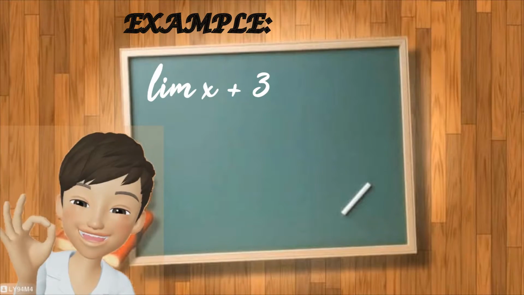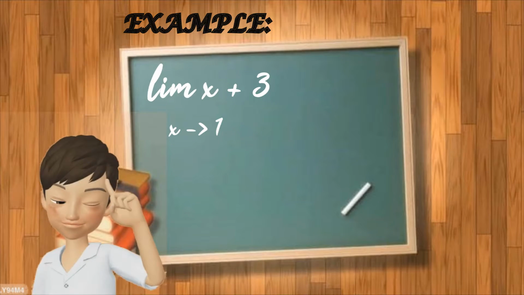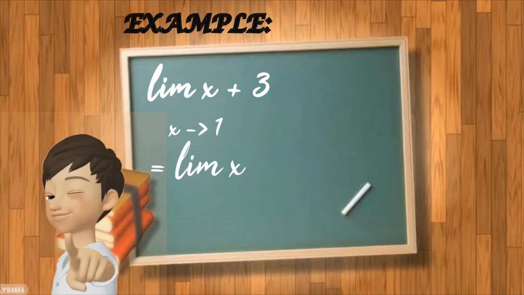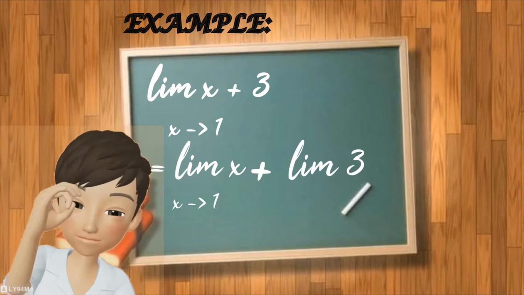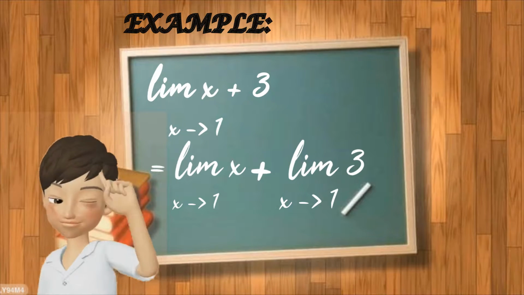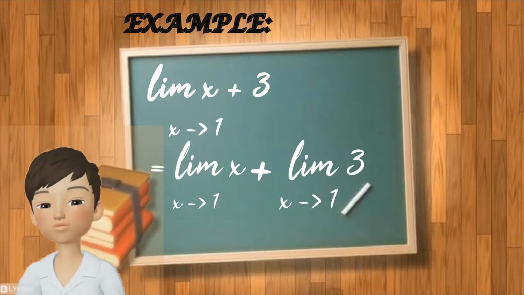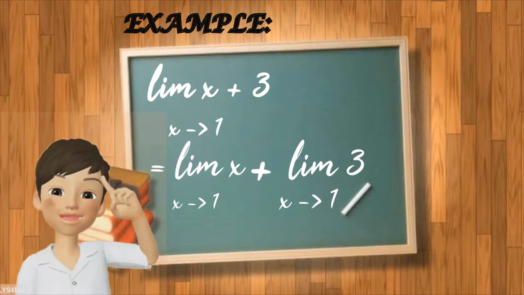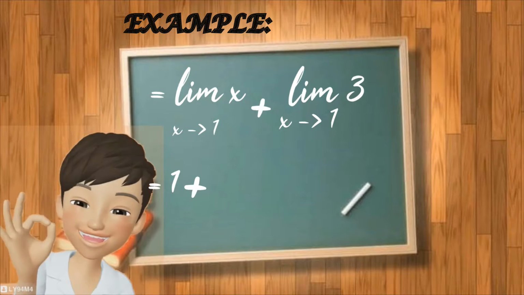Example, the limit of x plus 3 as x approaches 1 is equal to the limit of x as x approaches 1 plus the limit of 3 as x approaches 1. So yung una ay rule number 1, samantalang yung limit of 3 as x approaches 1 ay rule number 2. So, ang magiging kasagot ay 1 plus 3 is equal to 4.